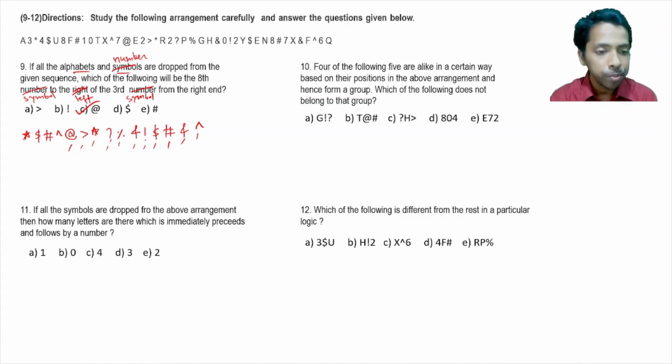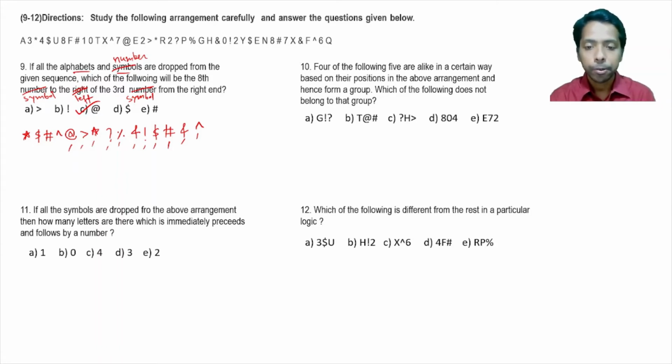Where is G? G is here. G, exclamation, 3 gap, question mark. Okay. T, right? T is here. 1 2 3, T, at the rate, and 1 2, hash. So the first letter, then 3 gap comes the next, and then to the left-hand side in between 2 gap, and then find the next to the left-hand side of T, the first place, the first variable, symbol, alphabet, whatever it can be, right?